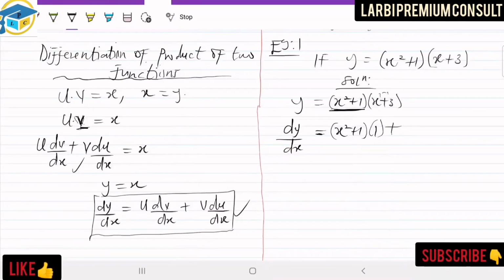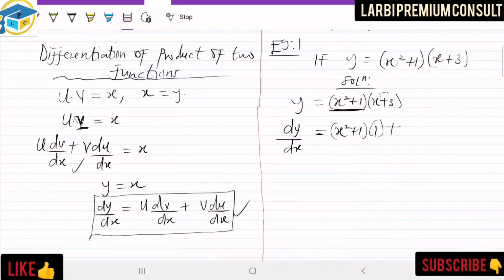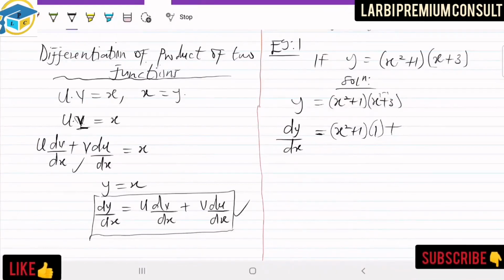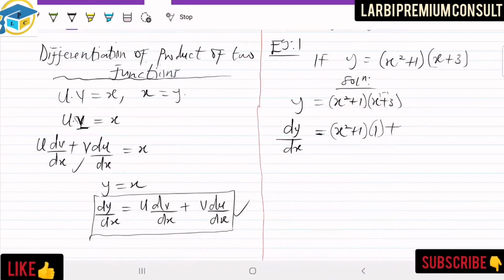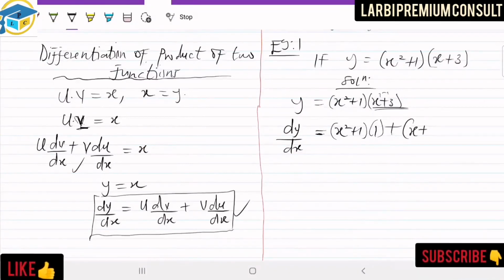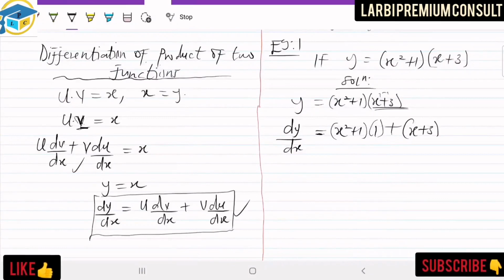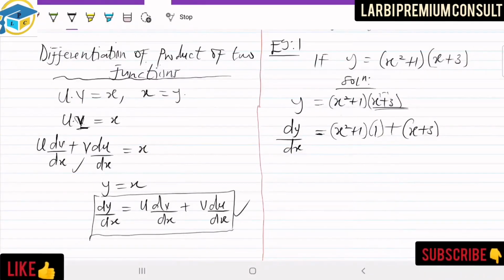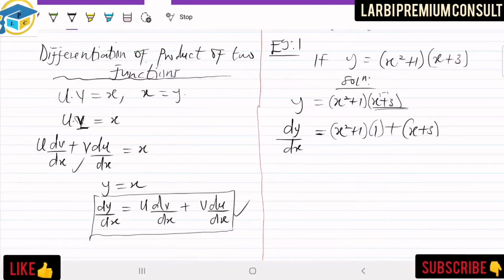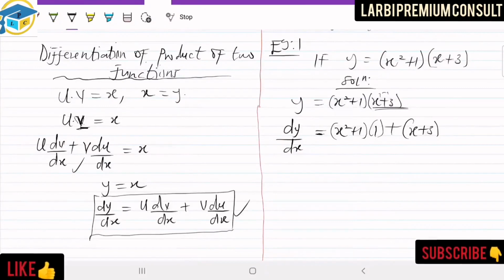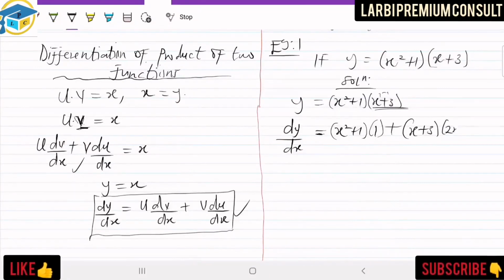Then after that, I'll come and hold the second function, and I'll differentiate the first one. So it's going to be plus x plus 3, and I'll differentiate this first function, differentiating them individually. When I differentiate x squared, it's going to give me 2x.